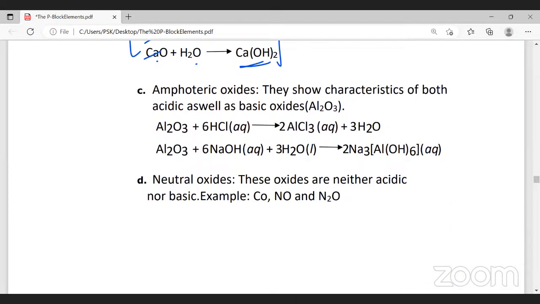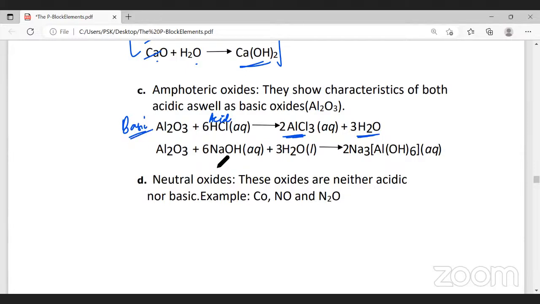We've learned acidic oxides and basic oxides. Next is amphoteric oxide. Al2O3 is an amphoteric oxide. We know that HCl is a very well-known acid. When it is allowed to react with HCl, we get AlCl3 and water. This clearly shows Al2O3 is behaving like a base.